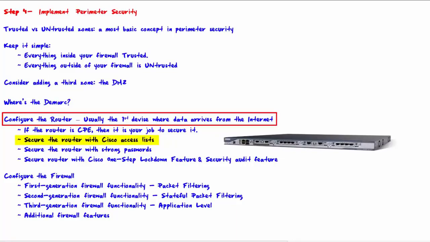Extended ACLs offer more functionality. You can filter on source IP address, destination IP address, source port, destination port, plus more. So you may decide what source and destination IP addresses and what source and destination ports are allowed to pass the router, and then enforce this with an ACL.